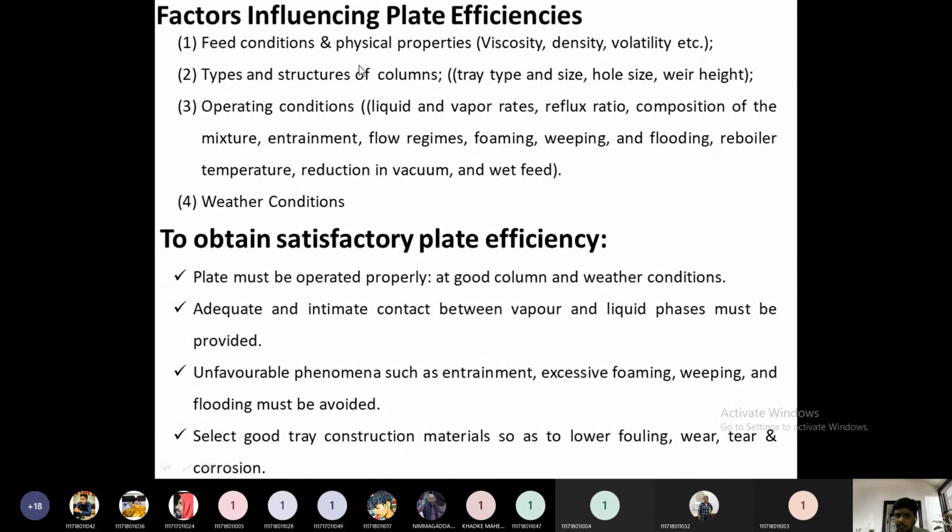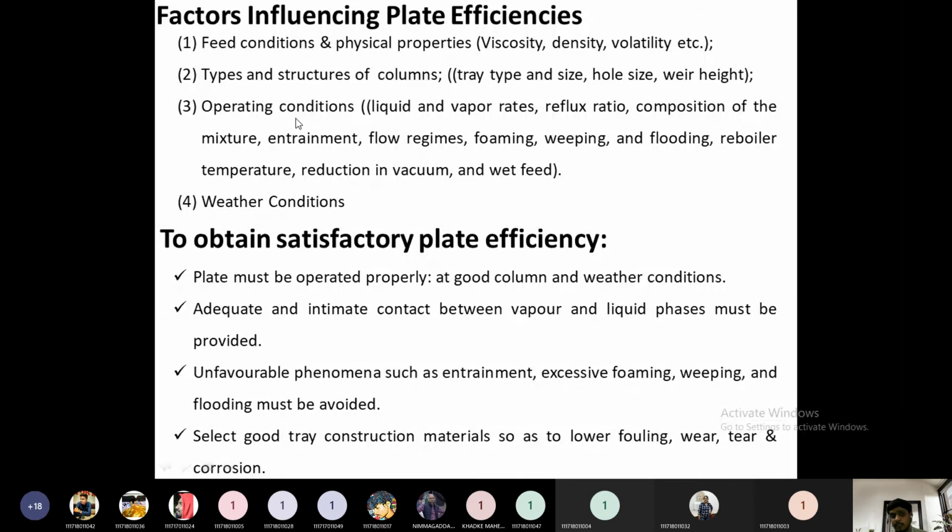Then the next factor influencing the plates is the type and structure of the column: tray type and tray size, hole size of the perforations, then weir height. How the weir height can be modified in order to get more efficiency, we have to study. This is a more detailed study. You need not study all these things, but you have to remember what factors influence the plate efficiencies.